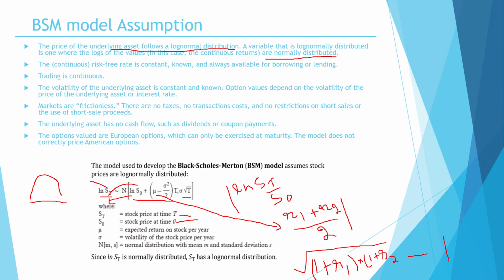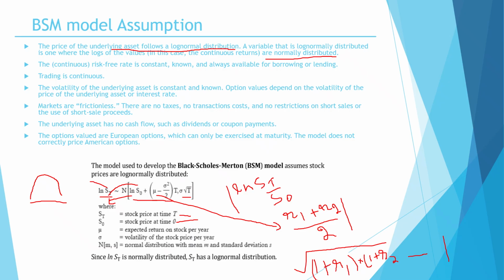So we are assuming here that the risk-free rate is a constant. The third assumption is that trading is continuous. There are no breaks in the trading. The trading is continuous.